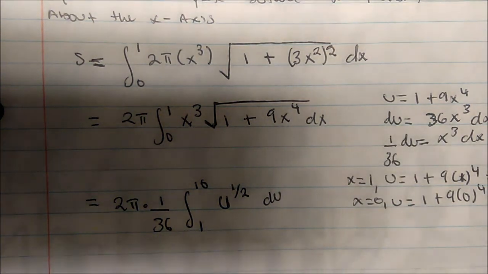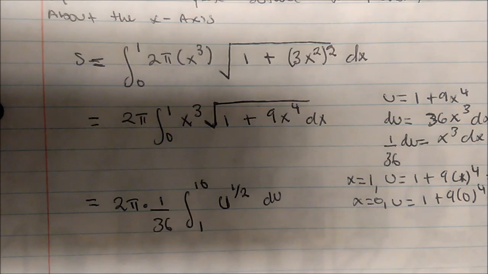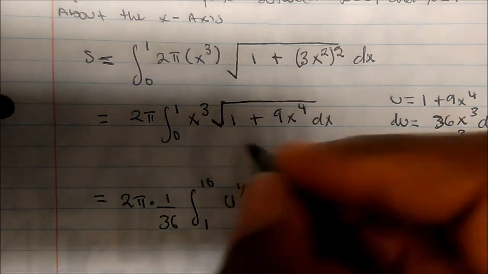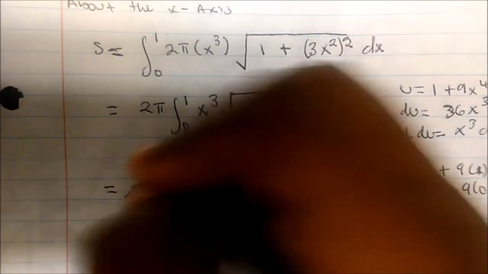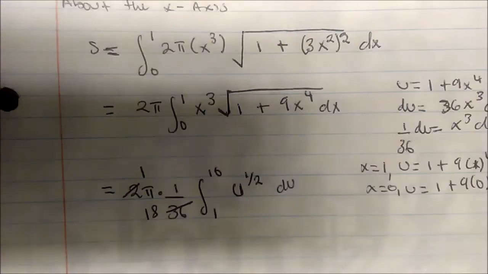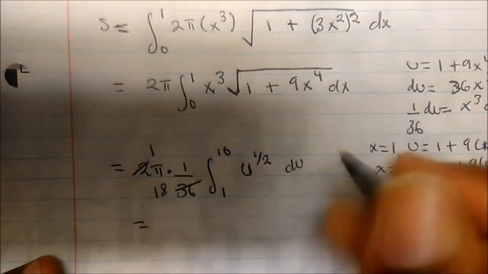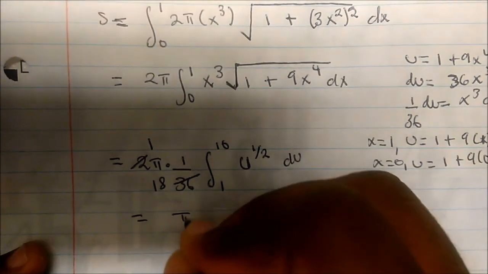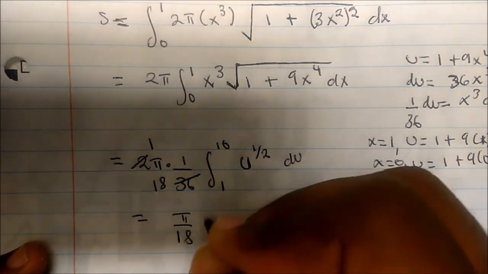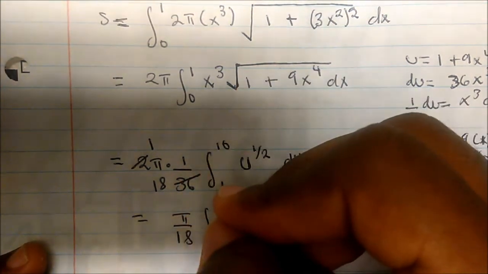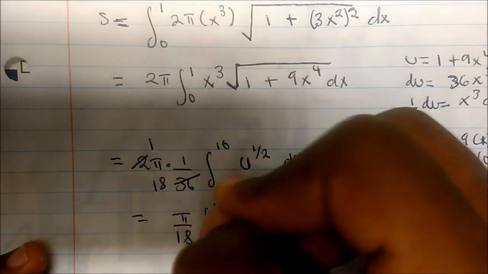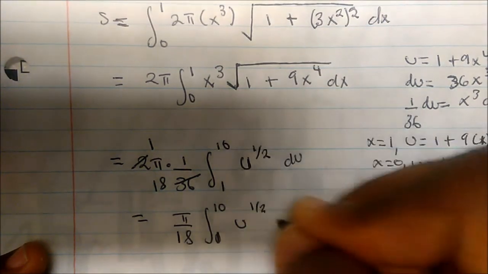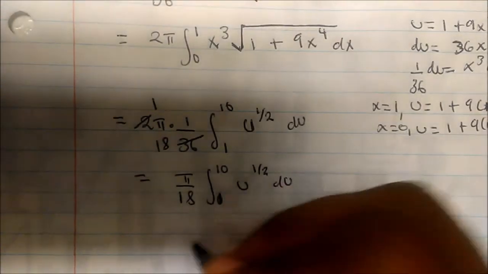Everything looks perfectly in line. Hopefully you can see that these cancel out, so this is 1, this is 18. I can simplify this as pi over 18 times the integral from 1 to 10 of u to the 1/2 du.